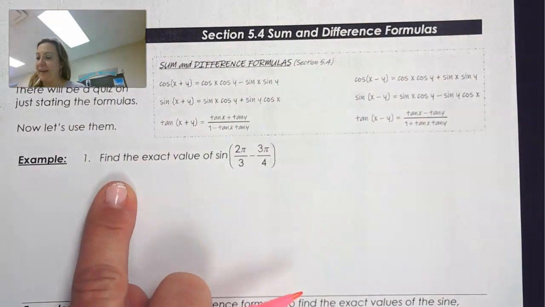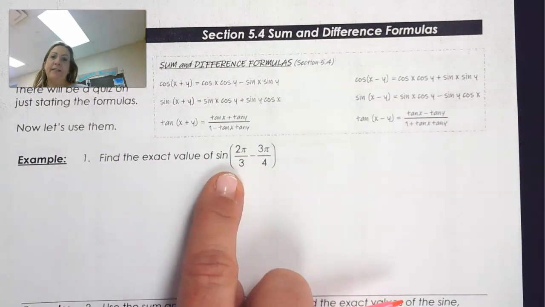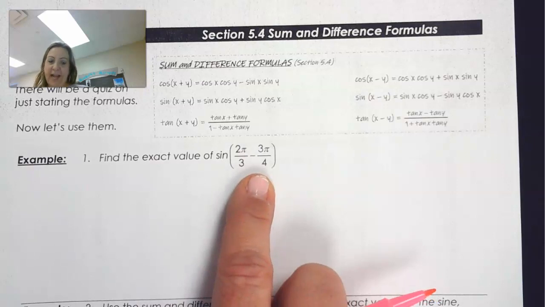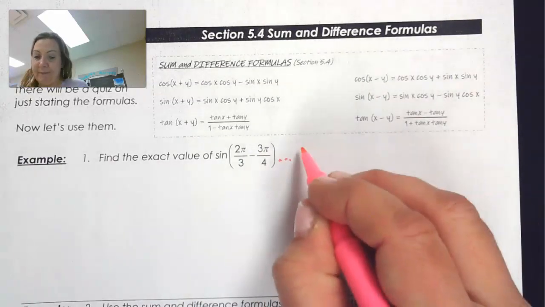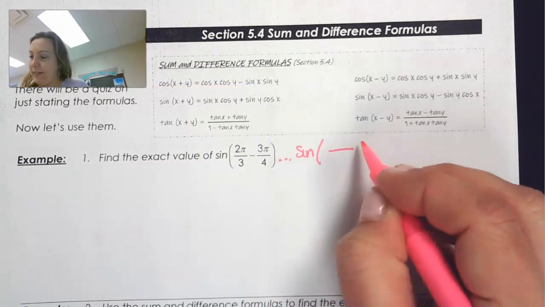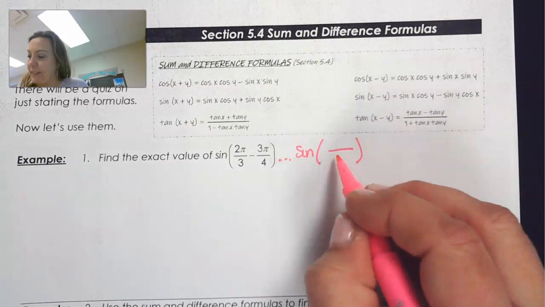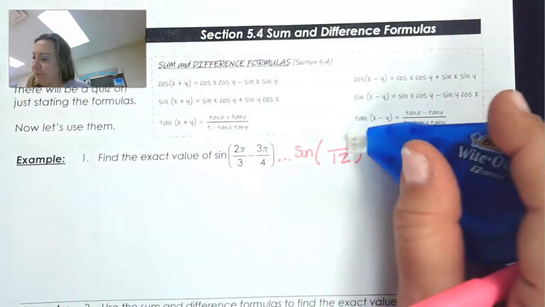So I'm going to find the exact value of the sine of 2 pi over 3 minus 3 pi over 4. Just to give you a little background, notice that if you were to make common denominators for this, you would want a common denominator of 12. And so, oops, I closed the parenthesis early.